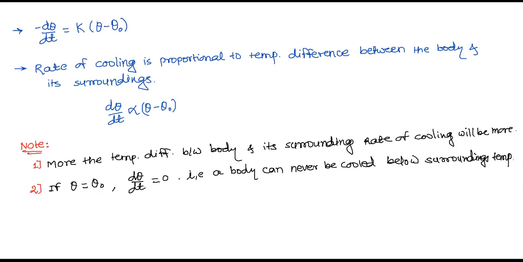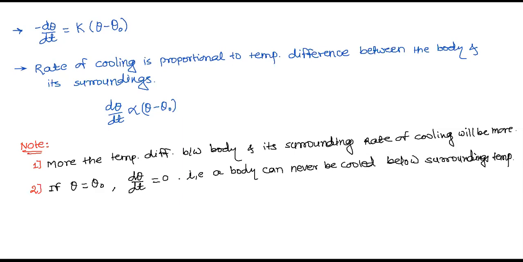So let's see. Assume that you are again in that room whose temperature is 20 degrees Celsius, and someone has given you a glass of water which is at 20 degrees Celsius.